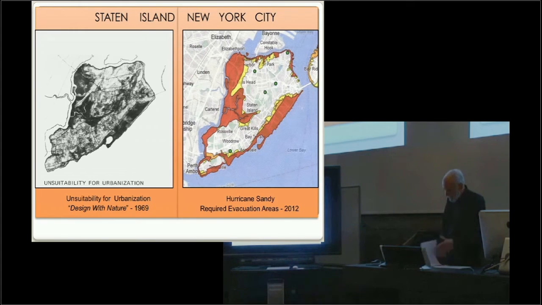It's an interesting comparison. A friend of a friend of a friend remembered this study and sent it to his friend, and his friend sent it to Tom Church, who used to teach here.